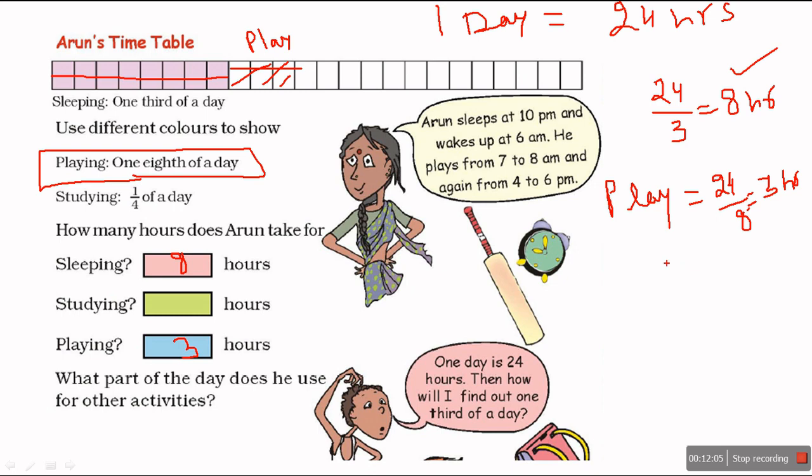Study 1/4. Study. 24 divided by 4, because studying hour is 1/4. 4 sixes are 24. So 6 hours he studies. Okay. 1 2 3 4 5 6.